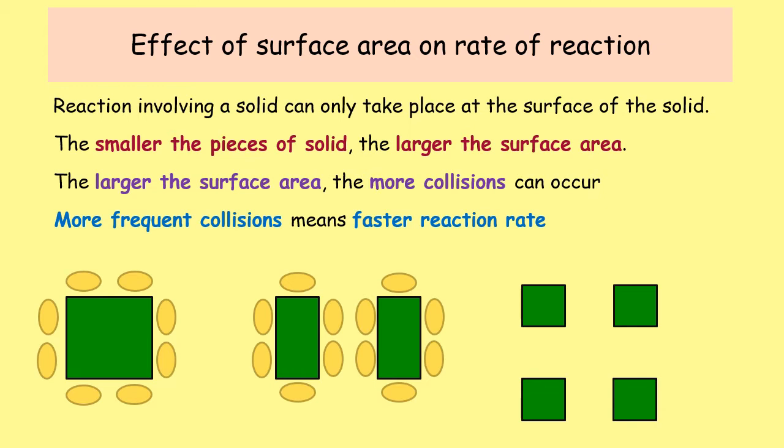So that means we've definitely increased the number of collisions because we've got more places where that green block can interact with a circle. And now if we divide it in half again, we can fit 16 around it. And so on the left hand side we went from 8, in the middle to 12, and then on the right hand side to 16. If we keep making the green blocks smaller and smaller, we can fit more and more of the reactants around it. And that's why the rate increases, because there's more places for them to interact with one another.